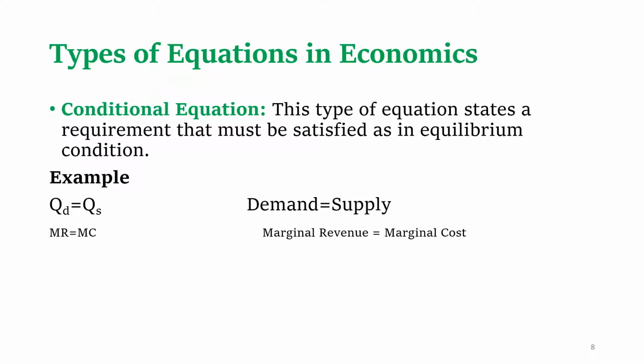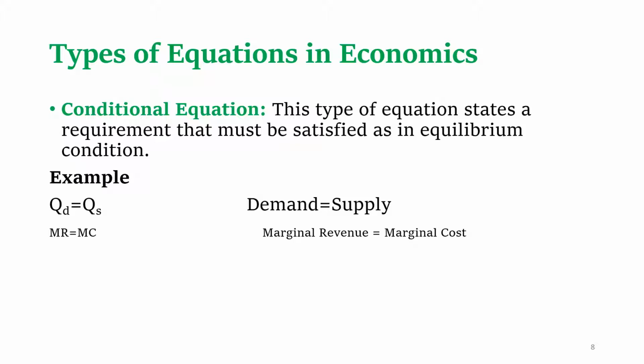Now you have a conditional equation. Certain equations are conditional, which means that certain requirements must be satisfied. Take, for example, the equilibrium condition of the firm: marginal revenue equals marginal cost.